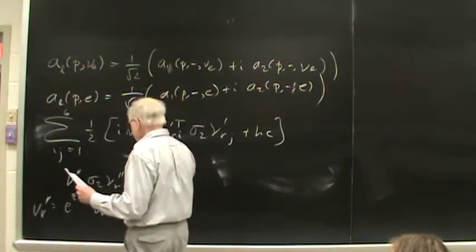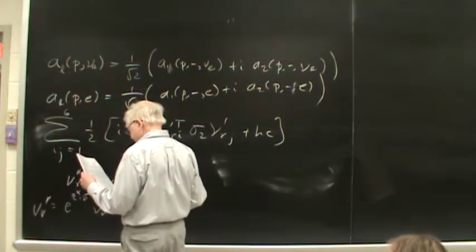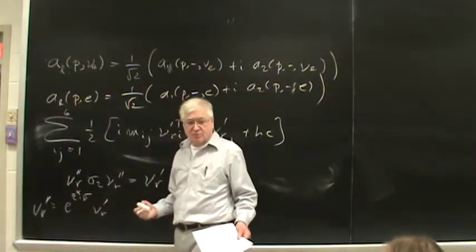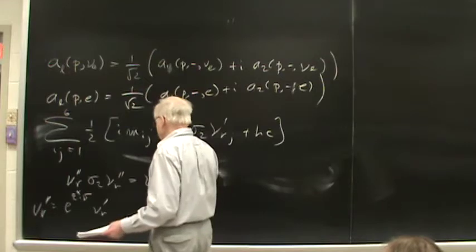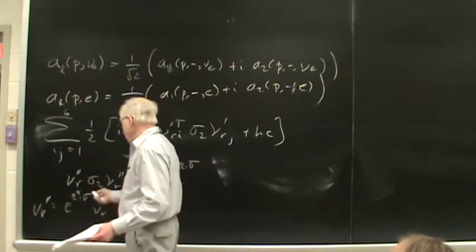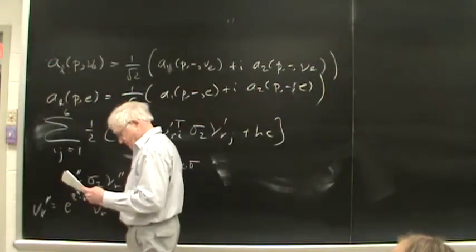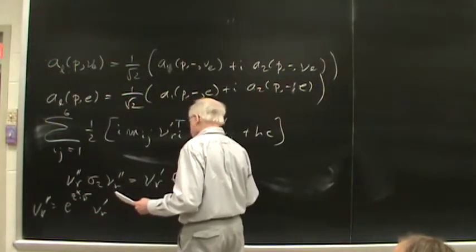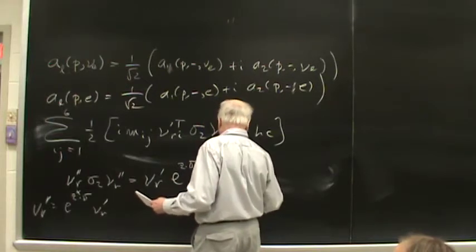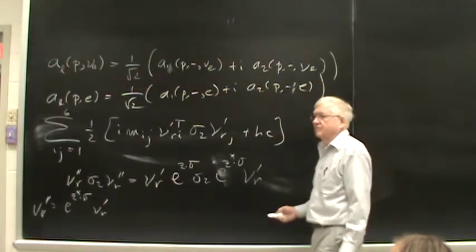And so what we get here is nu right prime, the adjoint of this, and the Pauli matrices are Hermitian, so this is e to the z dot sigma. And then we have here a sigma 2, and then e to the z star dot sigma, and then nu prime right. Prime here meaning just flavor.